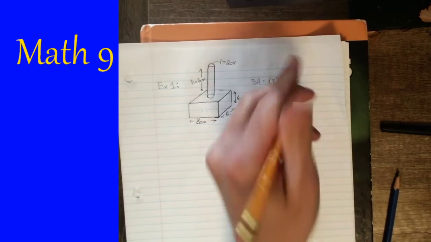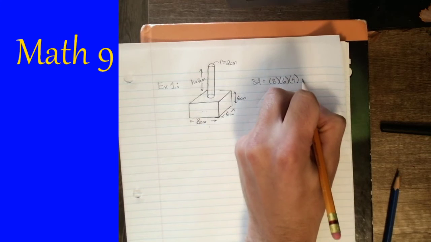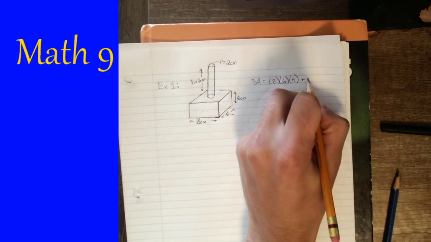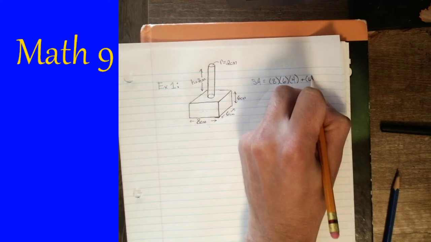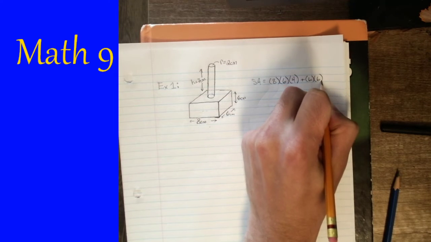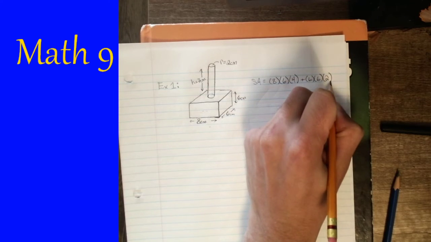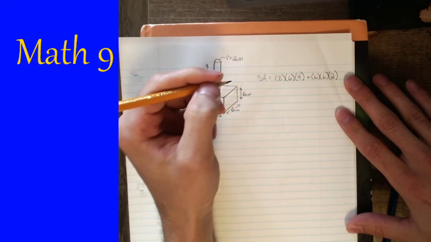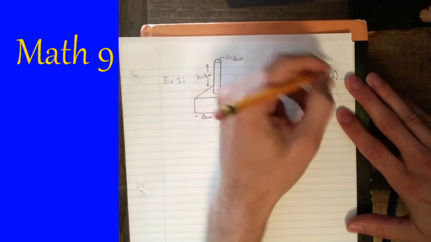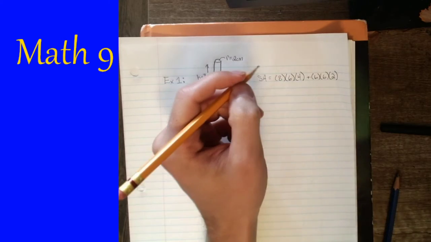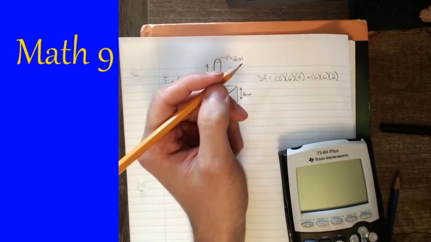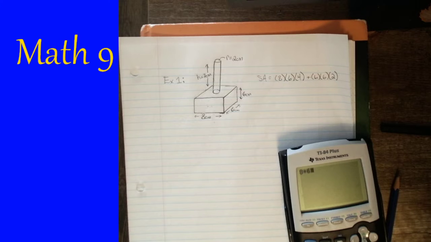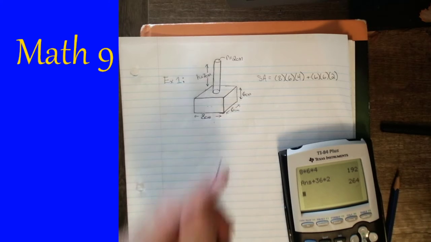So we have plus 6 by 6 by 2. Okay, so that's the start of this, so let's just calculate that to have that number ready to go. 8 times 6 times 4 plus 36 times 2.